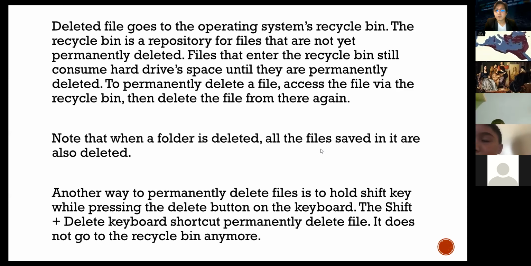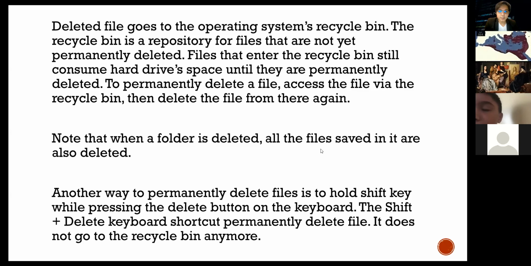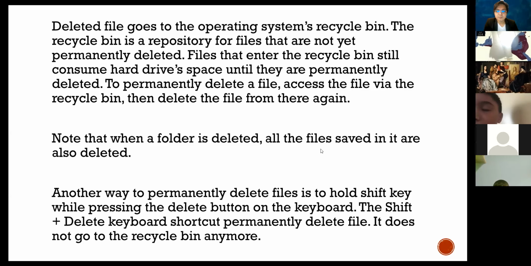Note that when a folder is deleted, all files saved in it are also deleted. The shift plus delete keyboard shortcut permanently deletes the file. It does not go to the recycle bin anymore.